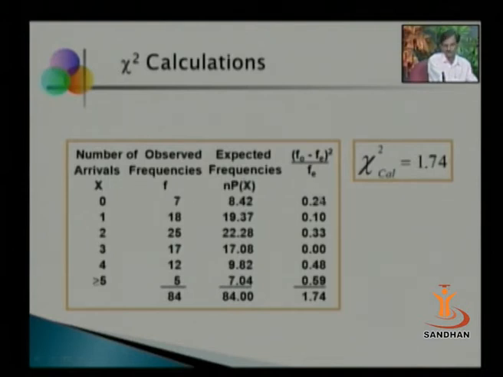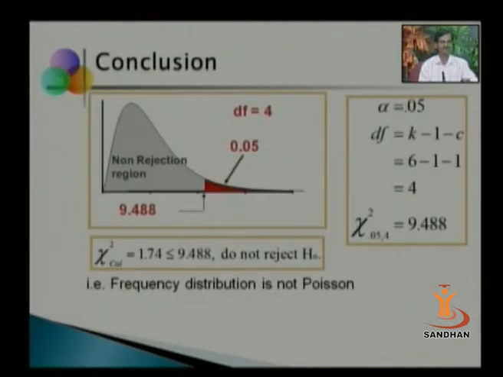So using this particular formula we get the chi-square test statistic as 1.74. Now here again alpha is 5% level of significance, then degrees of freedom is k minus m minus 1. So m is the number of parameters estimated.